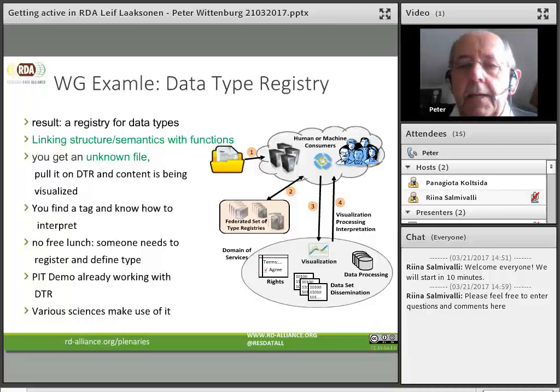You find a very strange picture format, image format, some TIFF stuff which you never saw beforehand, and you don't know what to do with it. If you have the data type registry icon on your screen, you could just drag this TIFF file to the data type, assuming that someone has made a relation, then some visualization software would pop up.